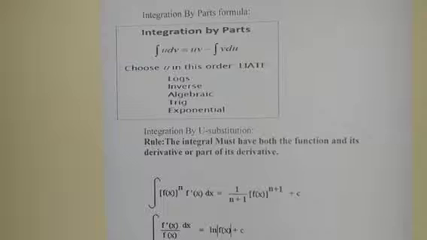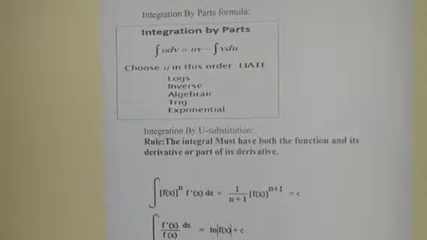If, for example, we had the integral of x ln x, since ln x is a logarithm, it will be chosen as u, and x, which is algebraic, will be chosen as dv. While in the case of integration by u substitution, we have one rule, which is that the integral must have both the function and its derivative, or part of its derivative.